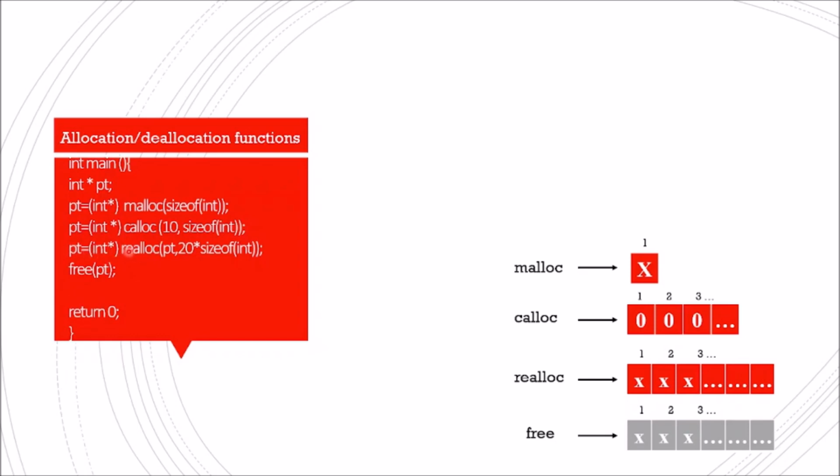We are going to use realloc, and I'm going to specify here what's the memory block to be resized. In this case, I am stating here resized pt, and the new size is 20 integers. So this is why I'm multiplying the number 20 by the size of an individual integer. So please resize pt to store 20 integers, which is the second argument, okay?